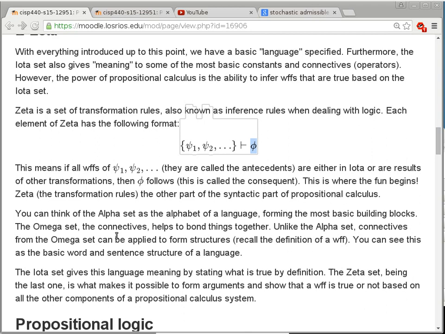Now, obviously, in this case, I have to put this sad phase into omega 2 so that it becomes a connective. And on the other side, this is a syntactic transformation. Remember, it's a syntactic transformation. There's nothing associated with the meaning. So on the other side, I can now say, you know what? This is going to infer this.